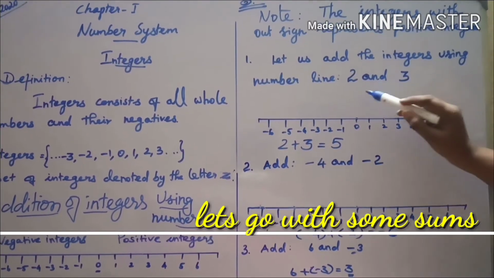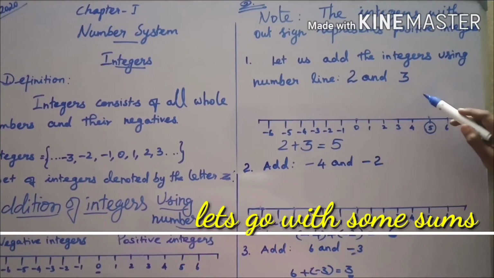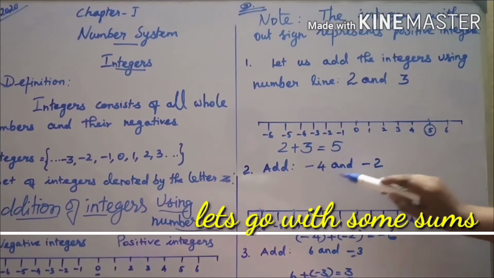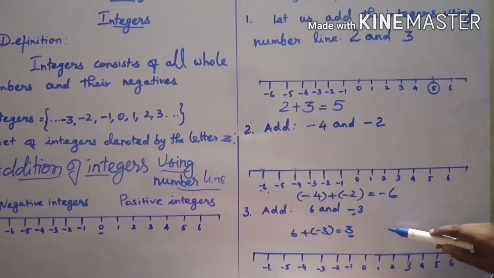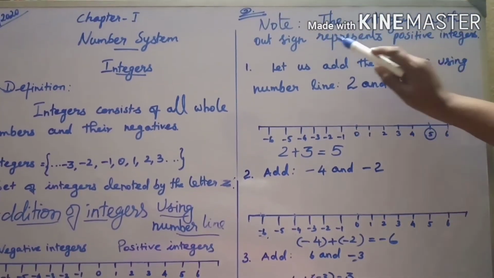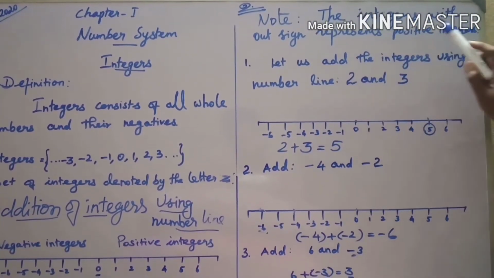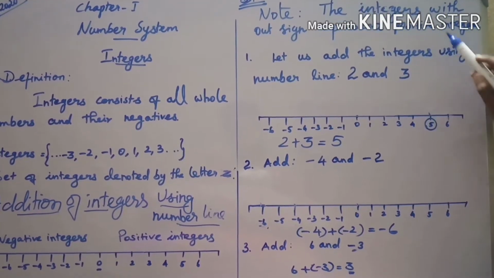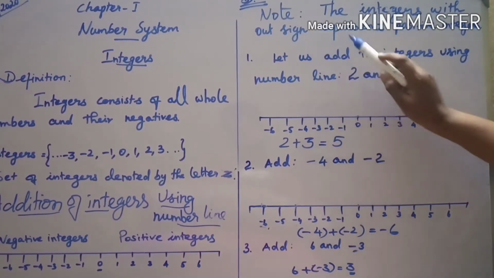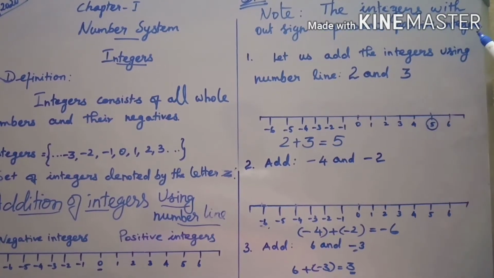Okay, first I will go with 2 positive numbers. Then I will go with 2 negative, and then I will go with 1 positive and 1 negative number. Before that, one note mark, the integers without sign represent positive integers.